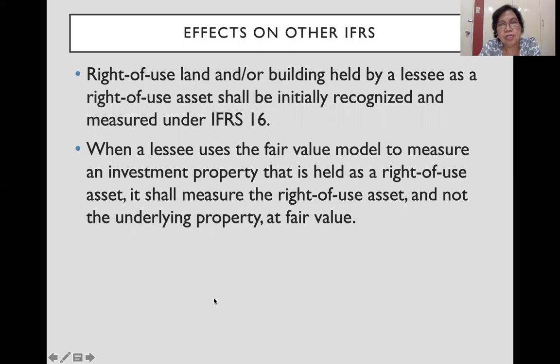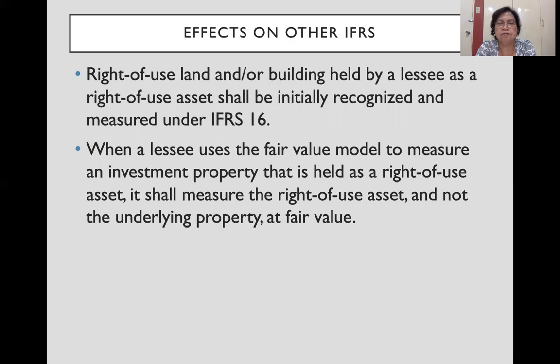So actually that almost concludes IFRS 16, but IFRS 16 has several effects on other IFRS. So for the right of use land and or building held by a lessee as a right of use asset, they shall be initially recognized and measured under IFRS 16.